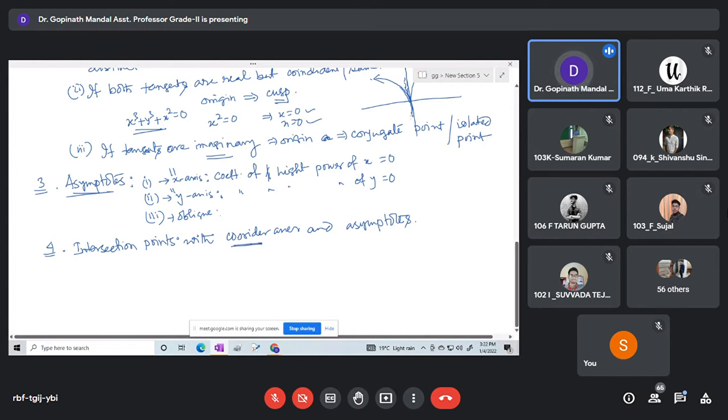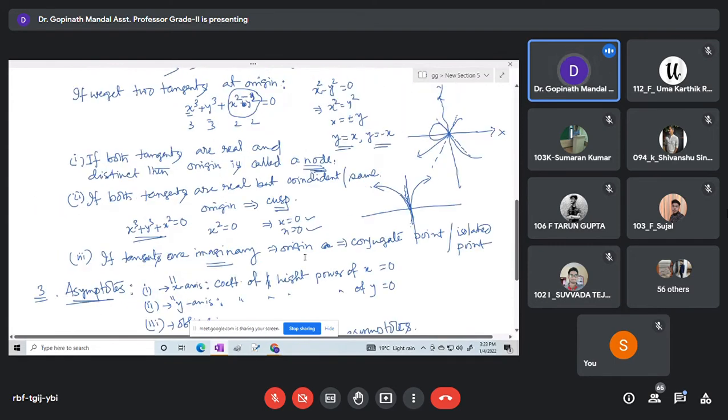Coordinate axes, that means put x equal to 0, then we find the value of y, and put y equal to 0, then we find the value of x.